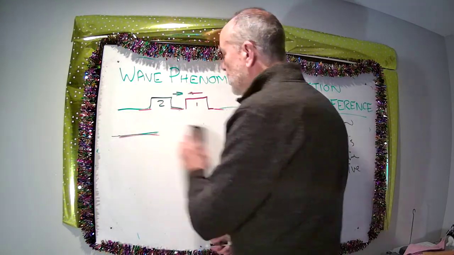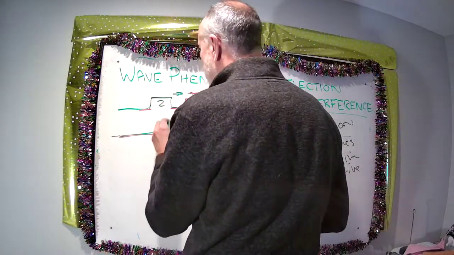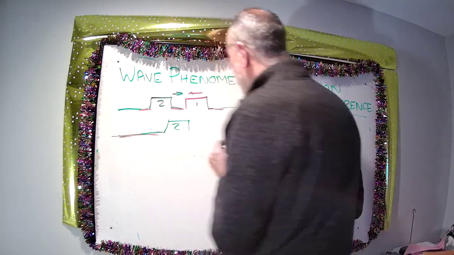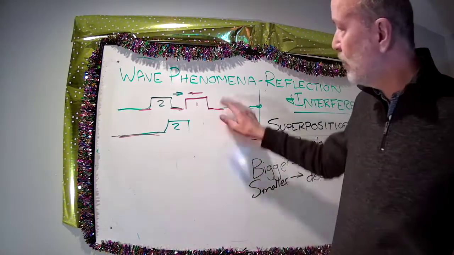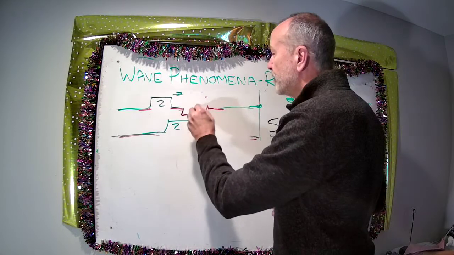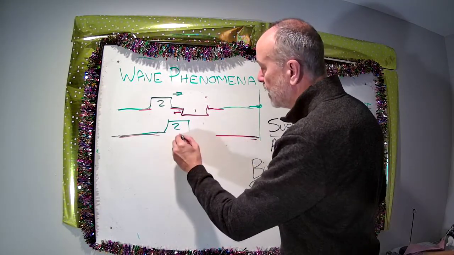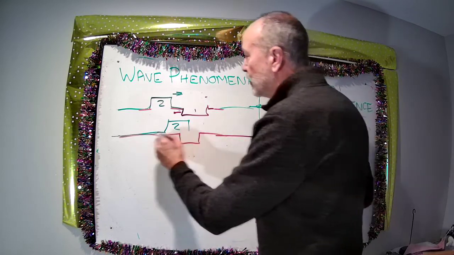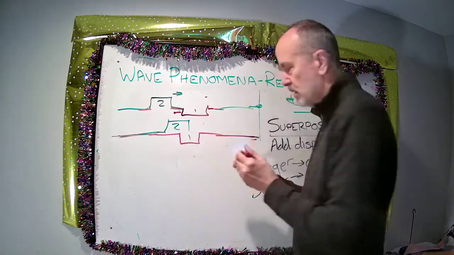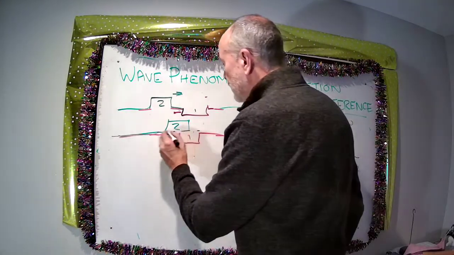Now I want to show you destructive. Okay, so now, here comes 2. 2's like this. But 1's on the other side. Let's say 1 goes this way, going that way, okay? So again, I'm just going to pick an instant when they overlap. Again, here's the equilibrium line.